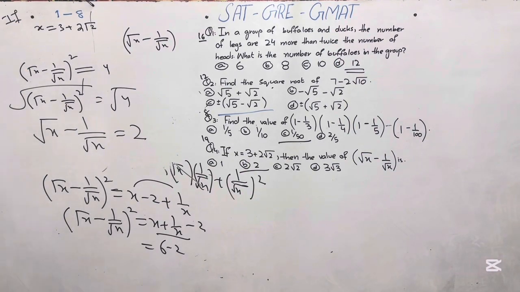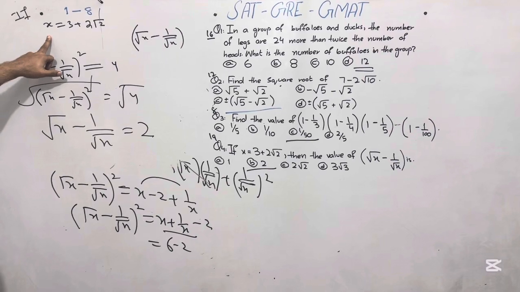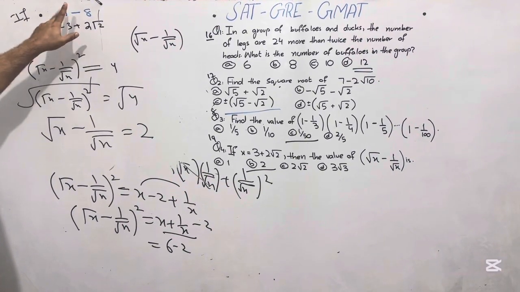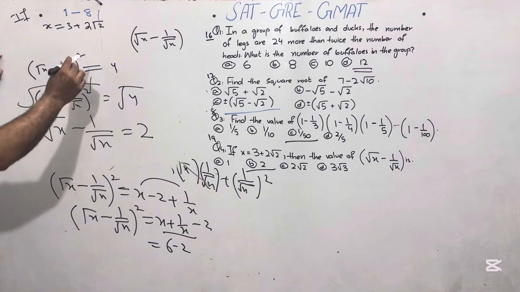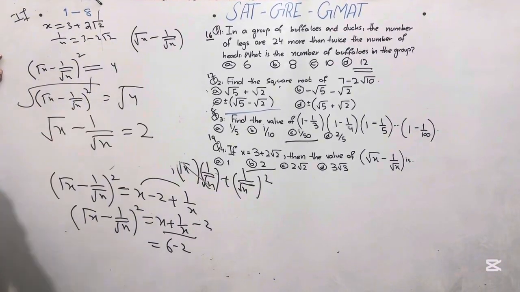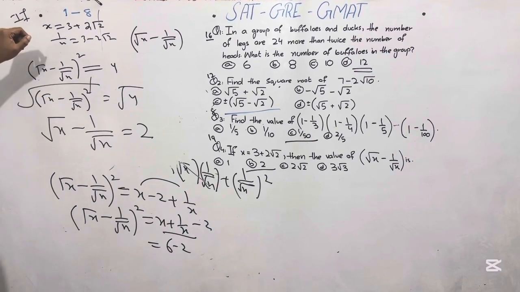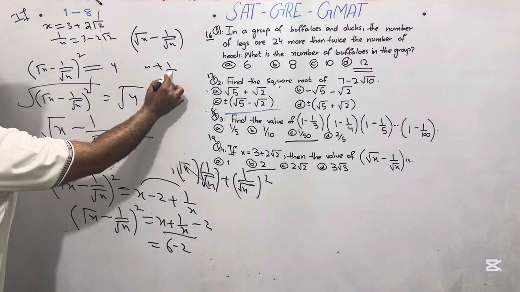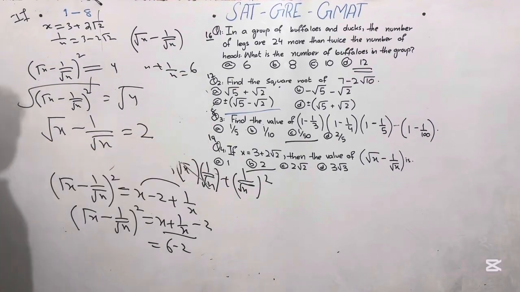Very puzzling, perplexing, demanding question, but it is an easy one. We have x. Square them and check their difference. The difference is 1, so it is safe to write 1 over x as 3 minus 2 times root 2. Add them up and we have x plus 1 upon x as 6.